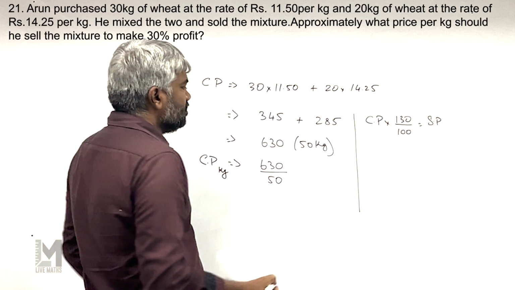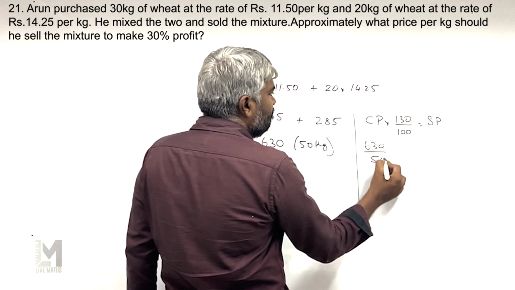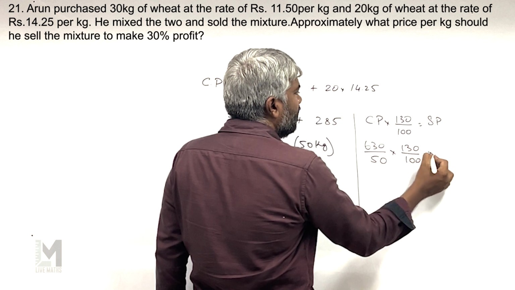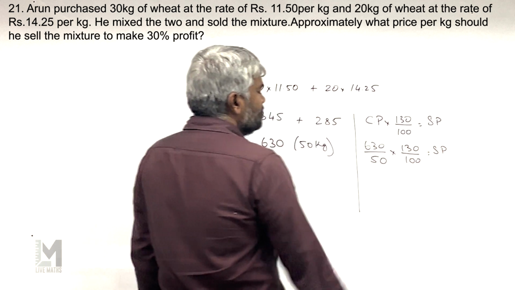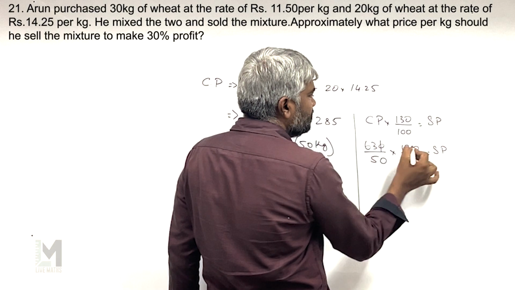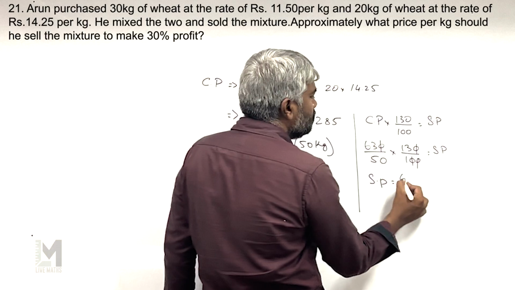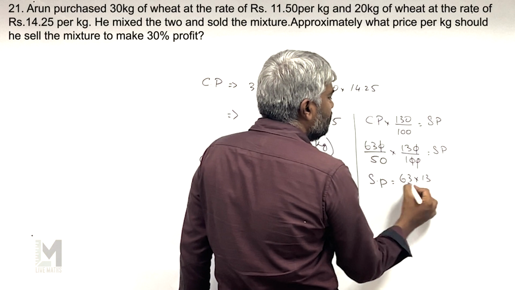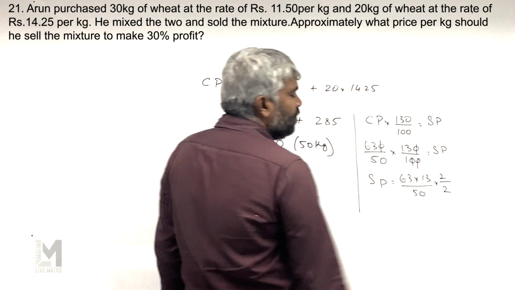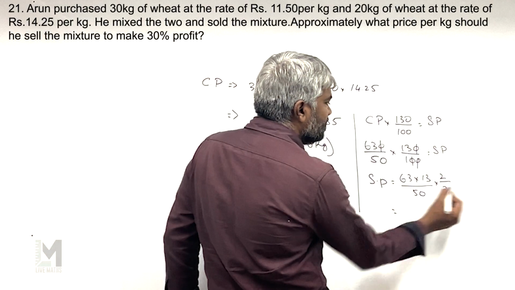What is cost price of 1 kg? 630 by 50 into 130 by 100 will give you the selling price, right? Now you can just simplify this data. So selling price equal to 63 into 13 by 50. To make it quite easy, I am multiplying 2 in numerator and denominator, which makes the denominator 100.